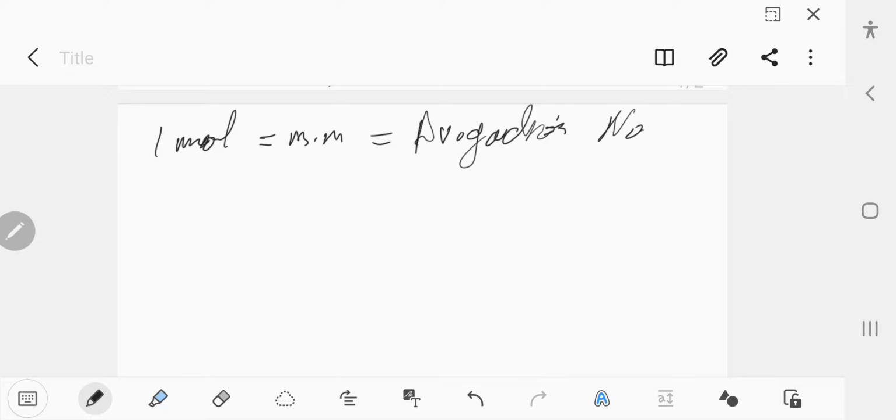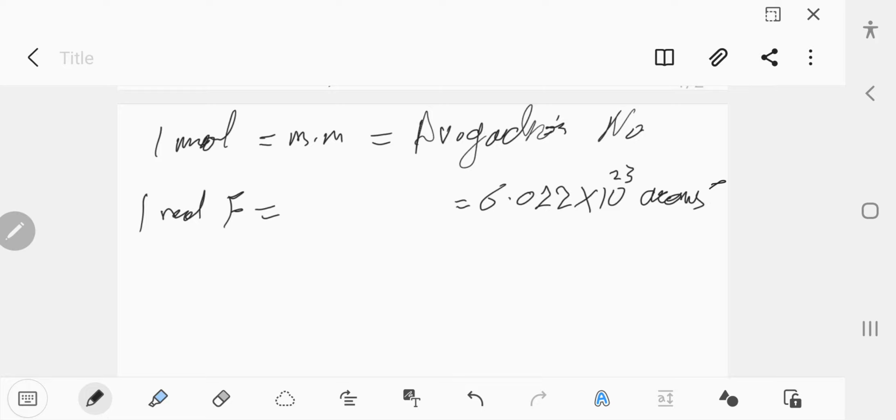So when we say that 1 mole, for example, of Fe is equal to 6.022 times 10 to the power of 23 atoms of Fe, the mass of Avogadro's number of atoms of Fe is equal also to the mass of 1 mole of Fe.